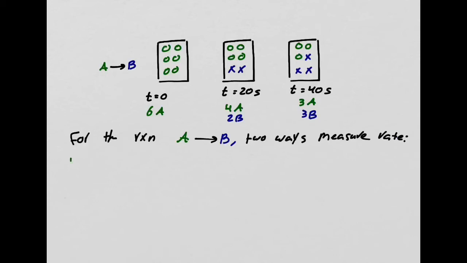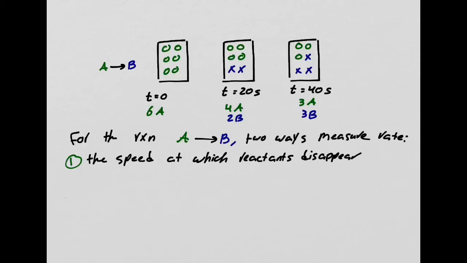So the first one, what I can do, I can measure the speed at which reactants disappear. Or what I can do, I can measure the speed at which products are going to appear, are going to form. Okay? So far so good.